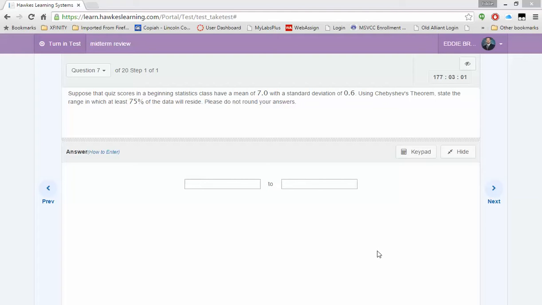I don't want to say the average. That's a bad word. All right, so we have the mean of 7.0 and a standard deviation of 0.6. Within 2 standard deviations of the mean, I'm going to have at least 75% of the data, according to this theorem.